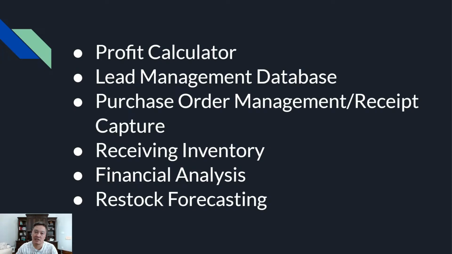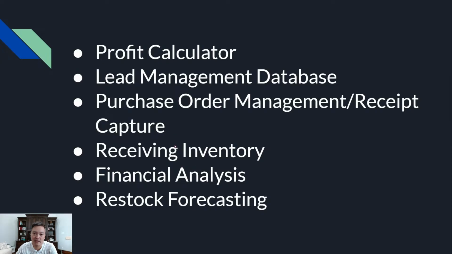The profit calculator then saves the lead to a lead management system, and that database will update and track that ASIN and give you the latest data, so that you can make a decision whether or not you want to purchase or repurchase that product. Then once you purchase it, it goes to our purchase order management system, where it'll store your receipts and invoices. That makes it very easy to pull up and provide to Amazon, or whatever you need it for, if you need to make a return to your vendor.